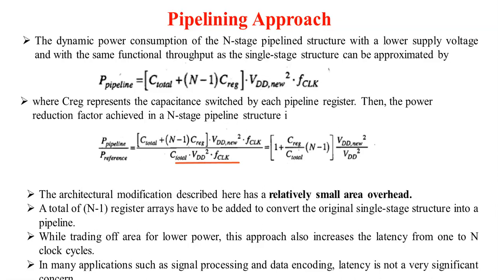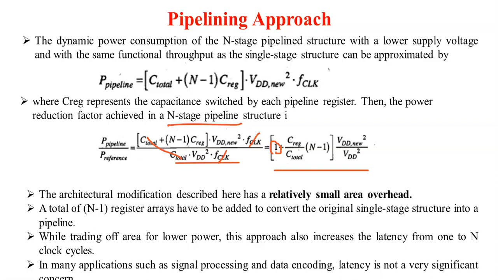For simplification, the common terms get cancelled, and it is represented as 1 plus n-1 C register divided by C total, into VDD new squared divided by VDD squared. That is the simplified expression for the power reduction factor achieved by the n-stage pipeline structure.